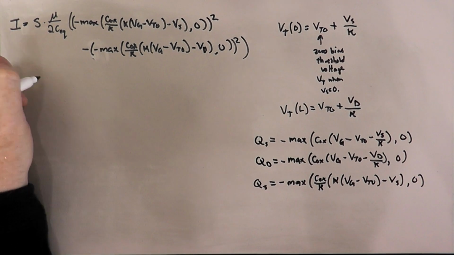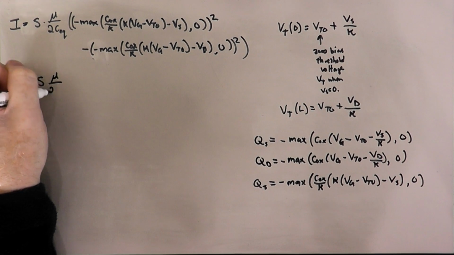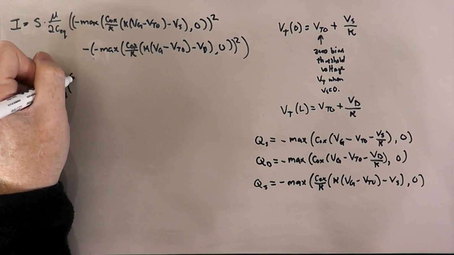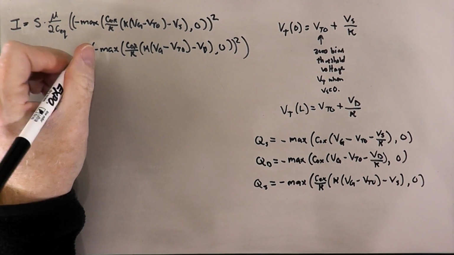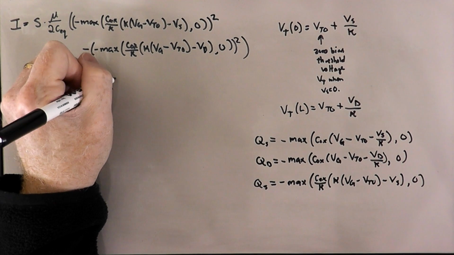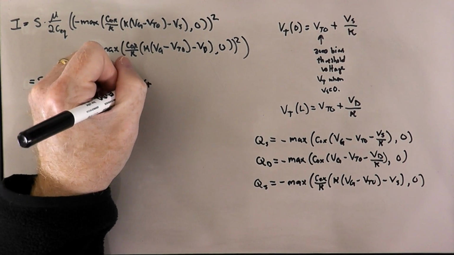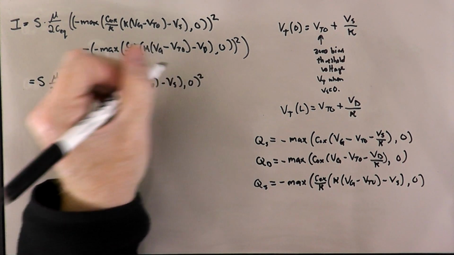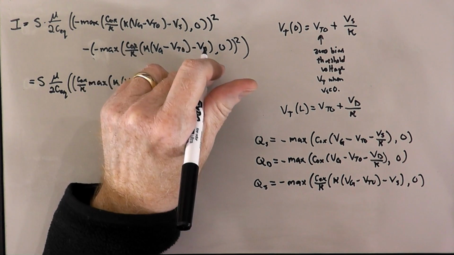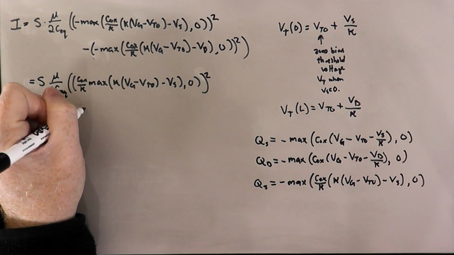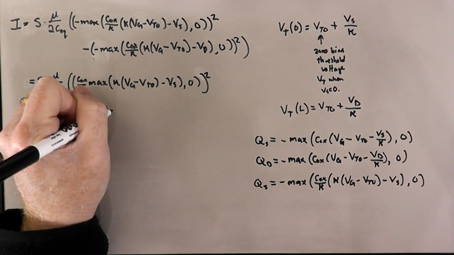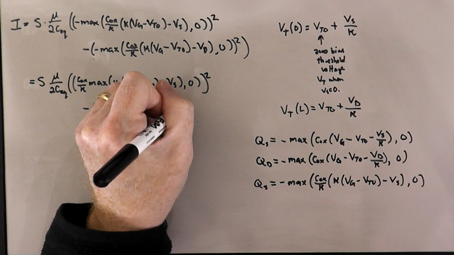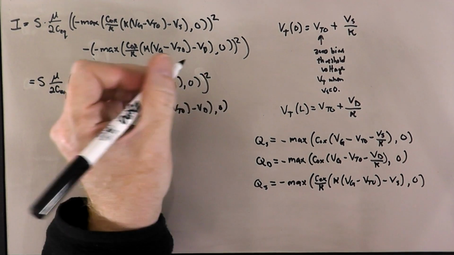And so we can write this as S times mu over 2C equivalent times Cox over kappa times the max of kappa Vg minus Vt0 minus Vs and 0, squared, minus Cox over kappa times the max of kappa times Vg minus Vt0 minus Vd, comma 0, squared.